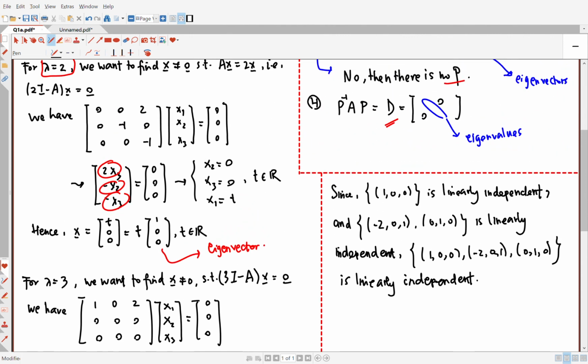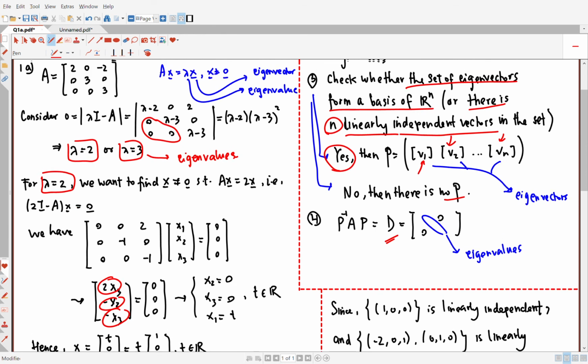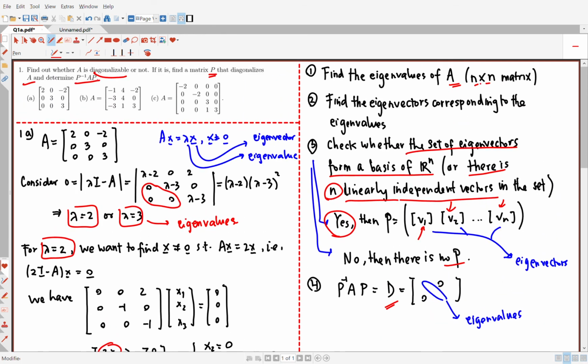I forgot to mention there are three of them. This matrix is a 3 by 3 matrix, and there are 3 linearly independent vectors.